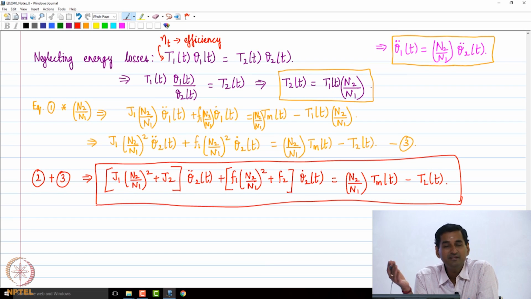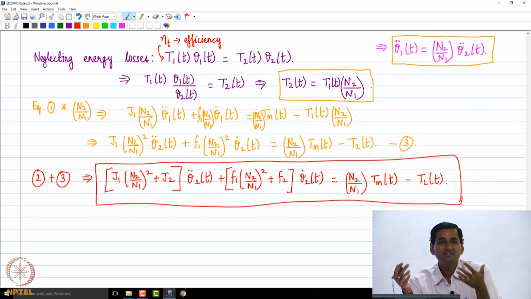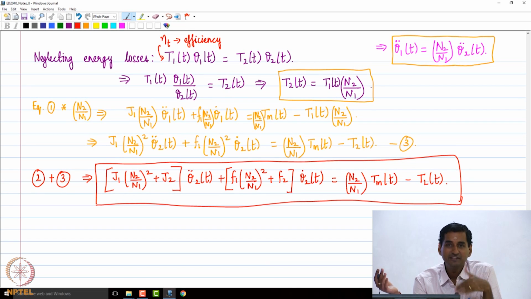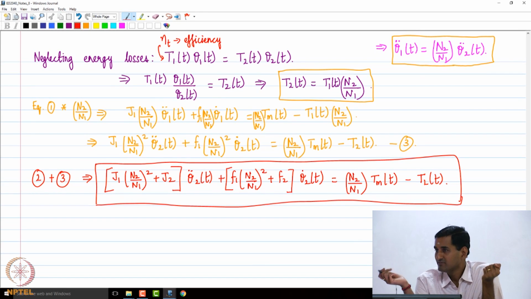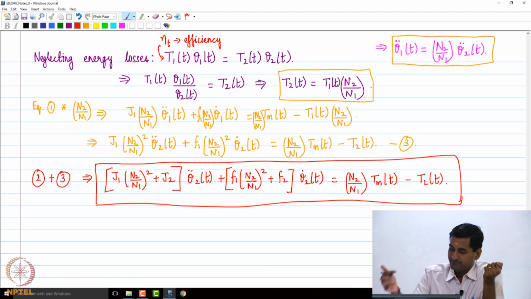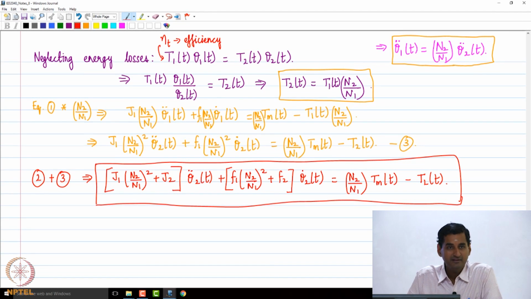As I told you, TLt is an input which comes into the system, but we can treat it as a disturbance, because we need to overcome it. We give a load torque, and essentially I need to apply an input which will overcome that load torque. That is something which we need to account for. I hope this is clear until this point.